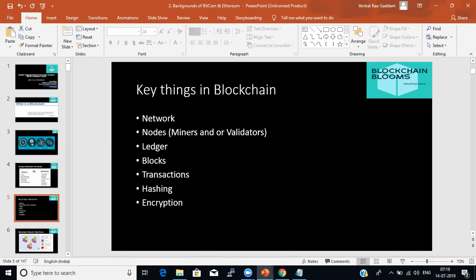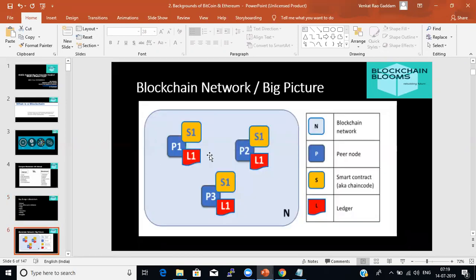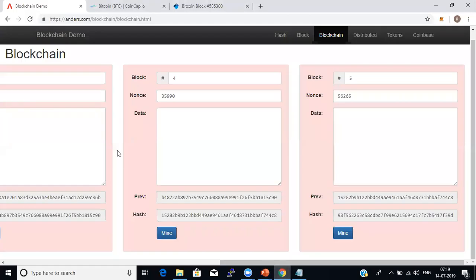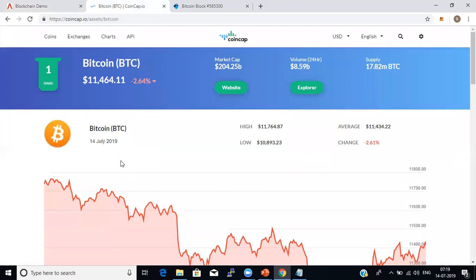These are temporary blocks, and once miners broadcast them to the validators, the validators check the data, and only then will the block be added into the blockchain. Like that, the blockchain keeps on growing. When we check Bitcoin, it keeps growing in size. For the last 10 years, it has kept on growing.